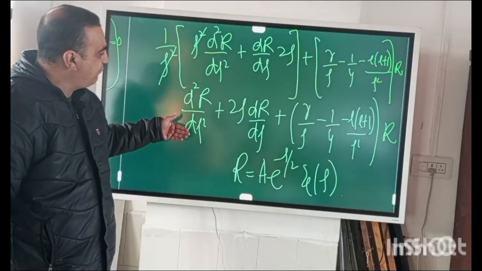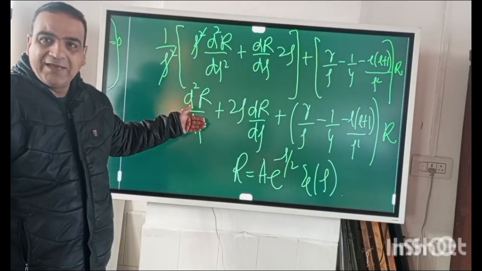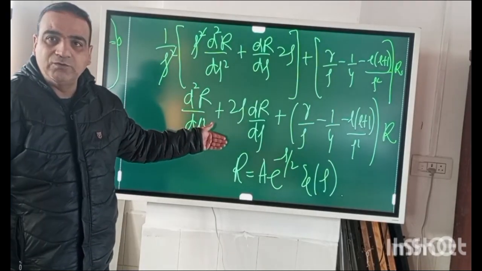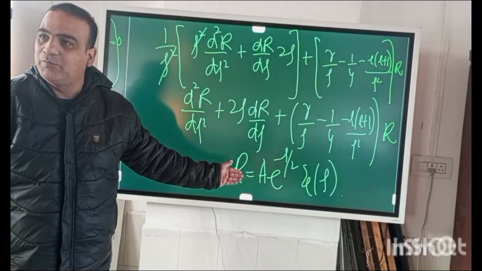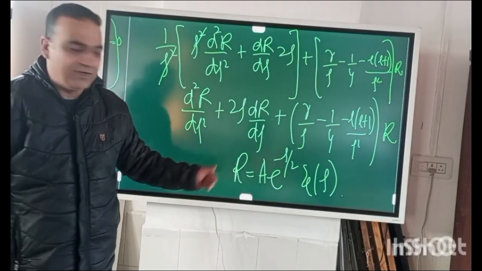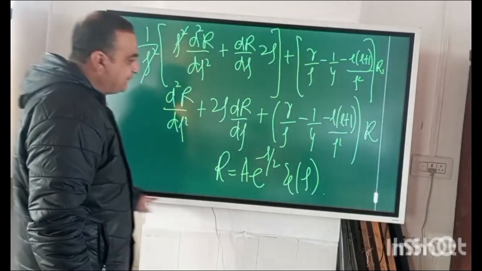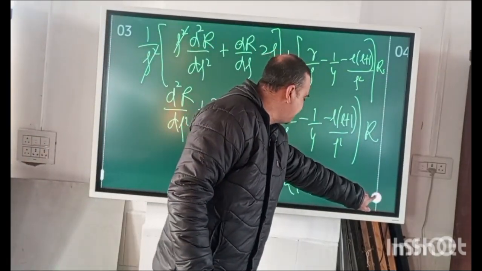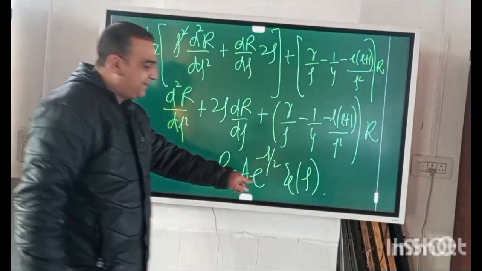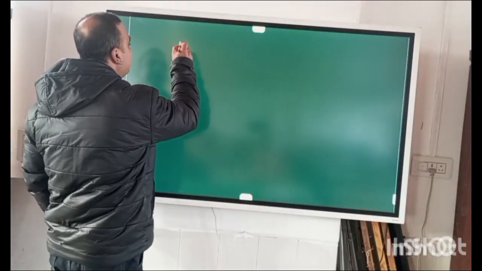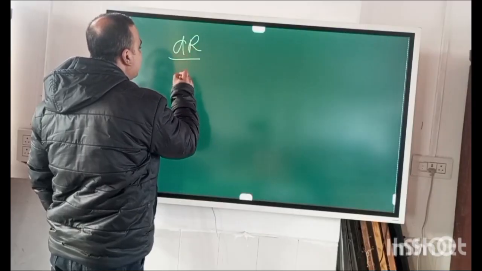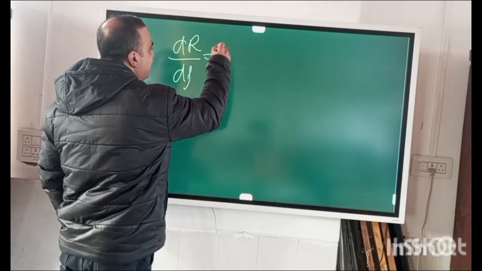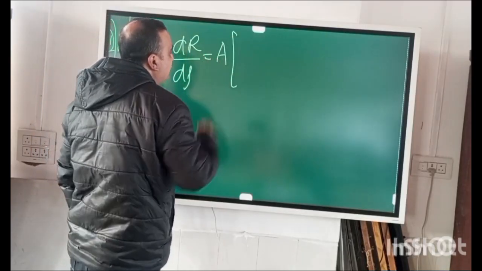So what is my differential equation? It is d2r by d rho 2, right? So I have to do the same thing with the solution that I have proposed for this differential equation. Okay, take its first derivative. dr by d rho must be equal to A, a constant, get it out.